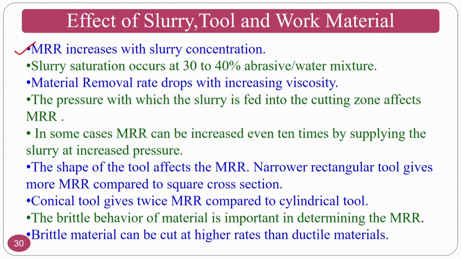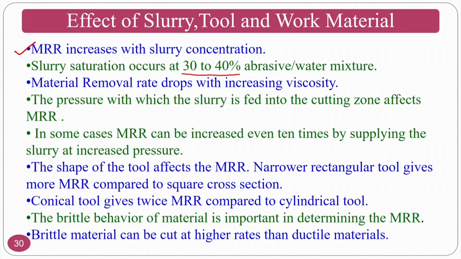Slurry saturation occurs at 30 to 40% of abrasives and water mixture. That means you are advised to not use more than 30 to 40% of abrasives in the slurry. Okay. If you are using more and more abrasive particles, what will happen? The viscosity of the fluid will go up, and if the viscosity goes up, what will happen?